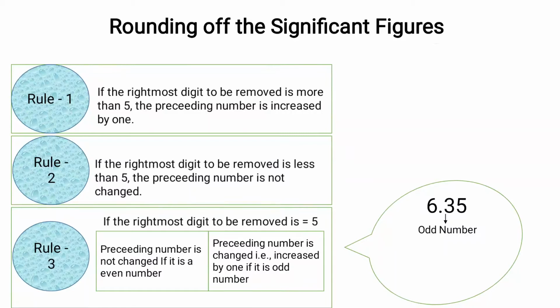If the preceding number is odd, then what are we going to do? We are going to increase the preceding number by 1. So 6.35 becomes 6.4. We add 1 to the preceding odd number. So the reporting answer is 6.4. These are the rules under rounding of the significant figures.